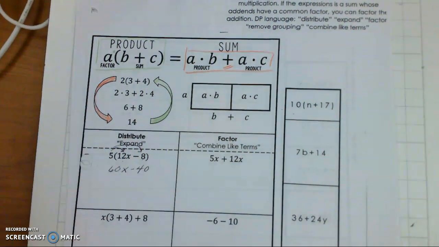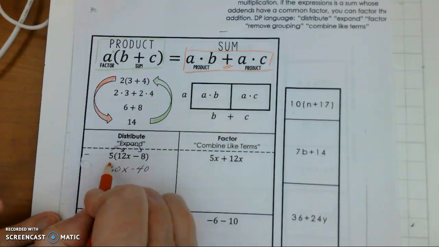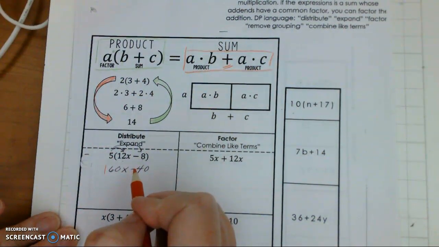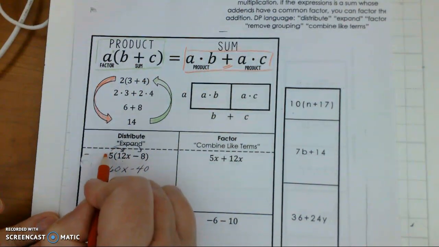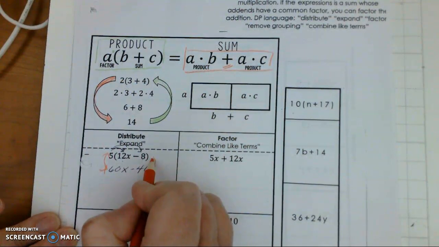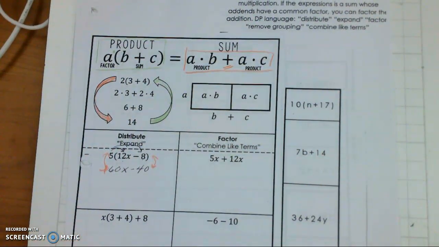That will give you an equal expression. I'm just going to make these arrows so that you know that they equal each other. The color really doesn't mean anything in this particular case.